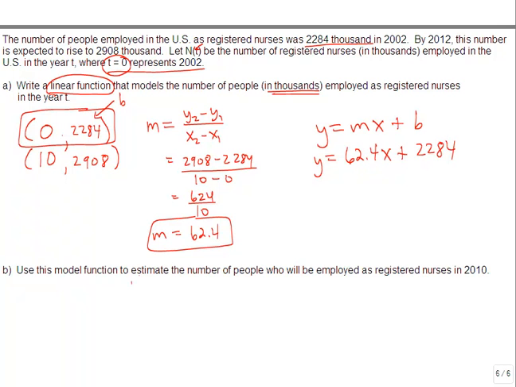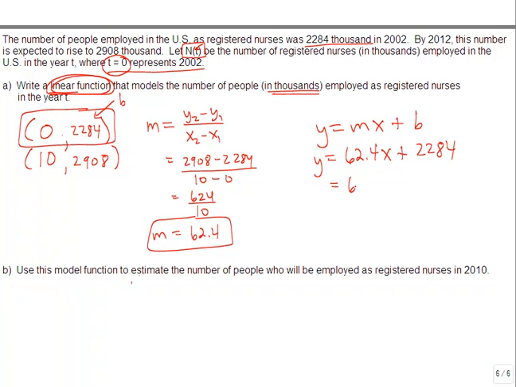Now last but not least, this is the equation of my line in terms of x's and y's. But remember, they wanted us to write it in function notation, and they actually gave us specific numbers and letters to use. They wanted us to use n of t, where t is the number of years. So in our problem, remember these x values here, those were our years. Instead of calling them x's, they want us to call them t's.